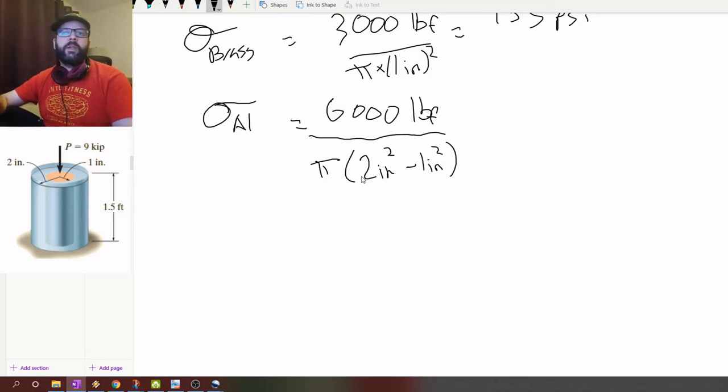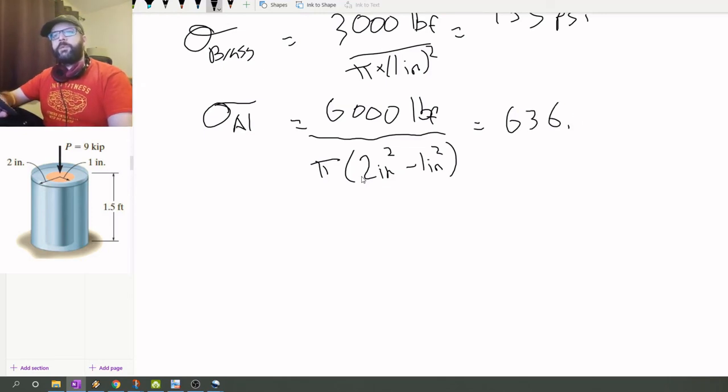That ends up being 4 inches squared minus 1 inch squared, so 3 inches squared. So 6,000 divided by 3.1415 times 3 gives us 636.6 psi.